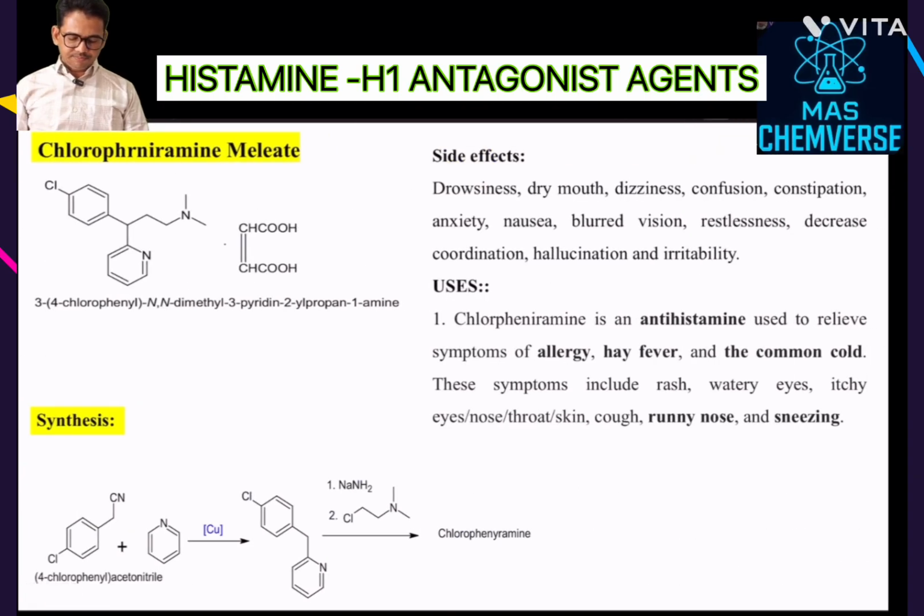Now you can see a very important drug called chlorpheniramine. Okay, diphenhydramine and chlorpheniramine, both these drugs are very important. But both are different, because diphenhydramine won't contain this pyridine, but chlorpheniramine contains the pyridine.